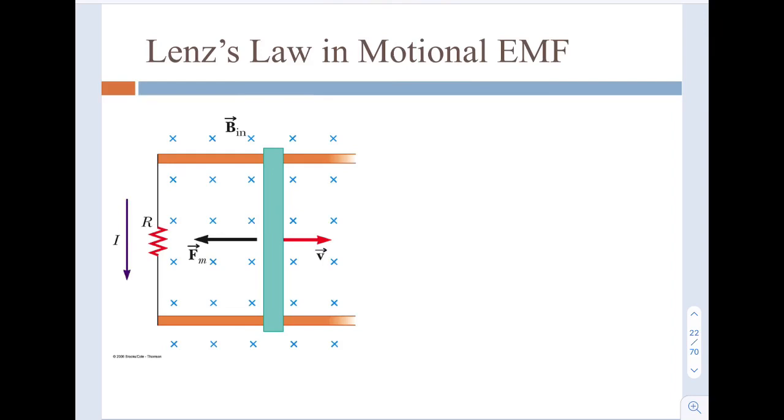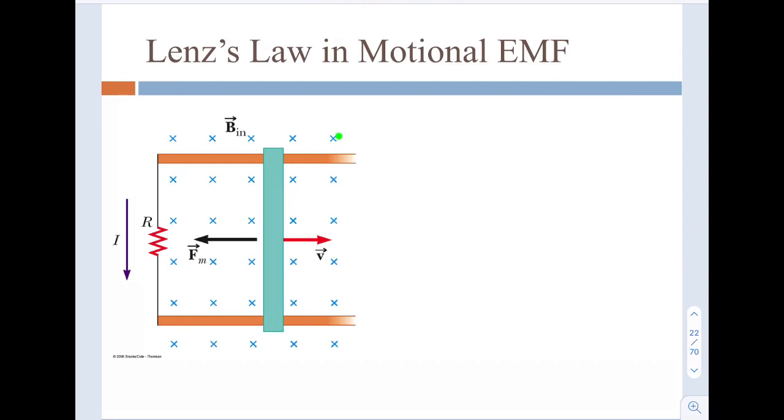Now we're going to take a look in detail. Madam is going to repeat again how to determine the direction. Let's consider again the same situation in detail. We have this conducting bar moved to the right at constant speed. B external is into the page.